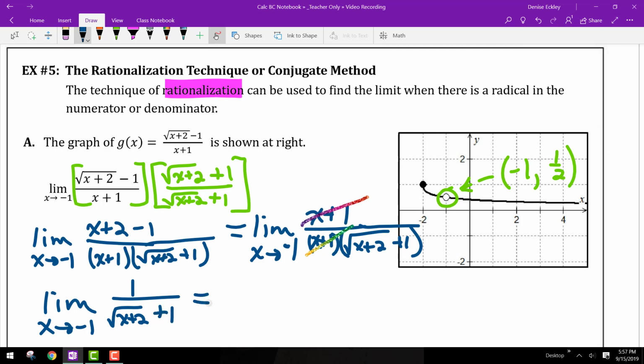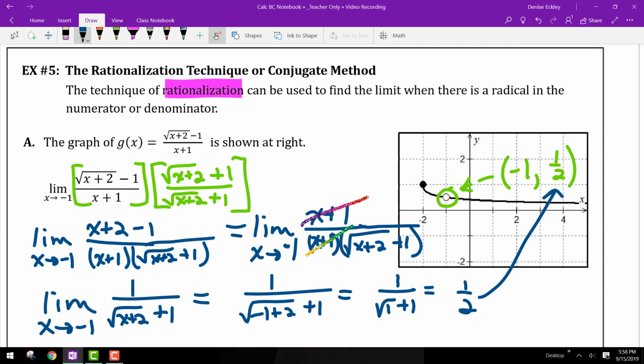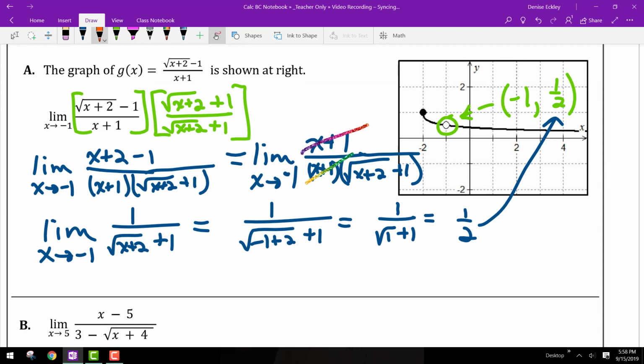Let's try direct substitution now. We get 1 over the square root of -1 plus 2 plus 1, so 1 over the square root of 1 plus 1. So we get a half, which is exactly what we predicted from the graph. Therefore, we can say with certainty that the limit as x approaches -1 of g of x is going to equal 1/2.